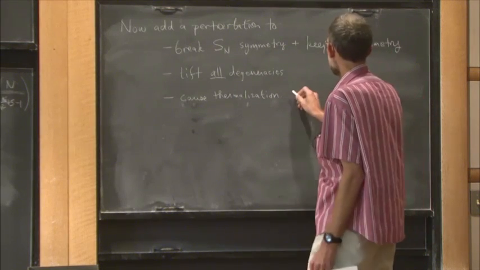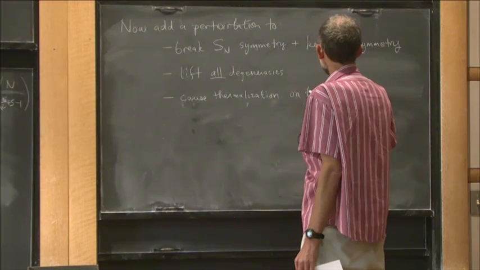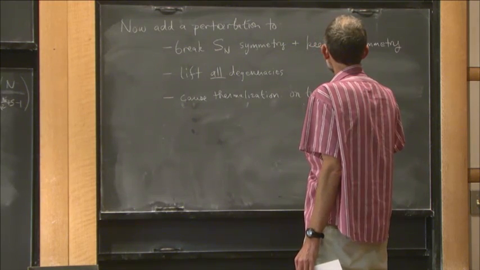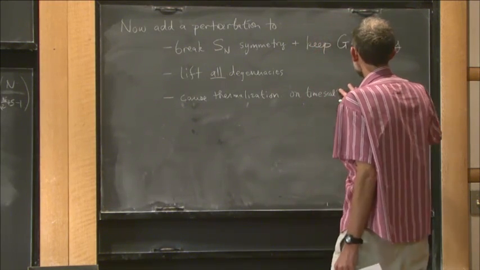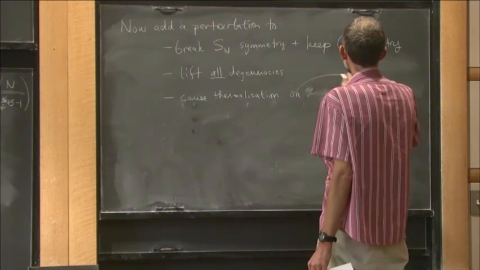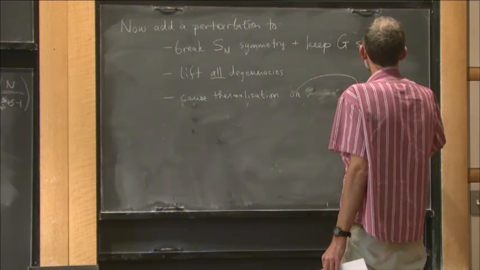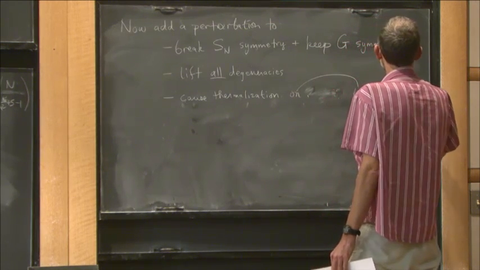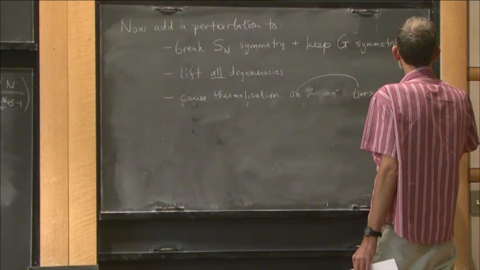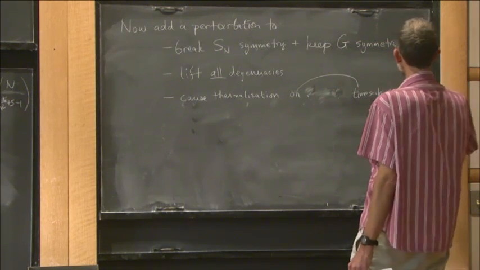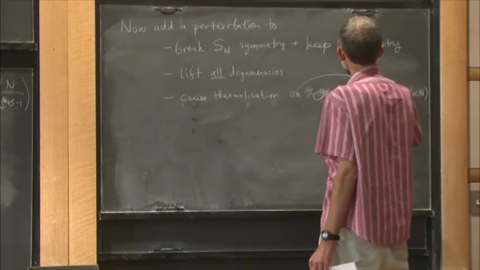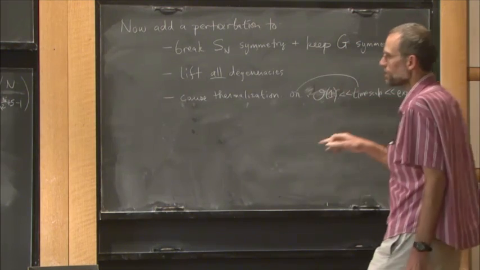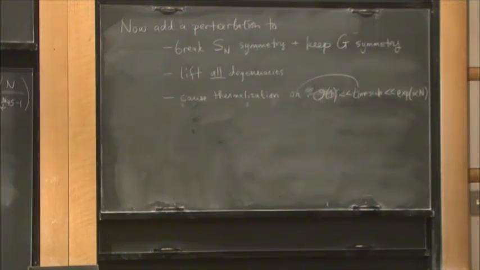In fact, on a time scale much less than exponential of alpha n, which is the tunneling time, but much bigger than order 1. So I want to bring in an intermediate time scale between the two I've told you about.